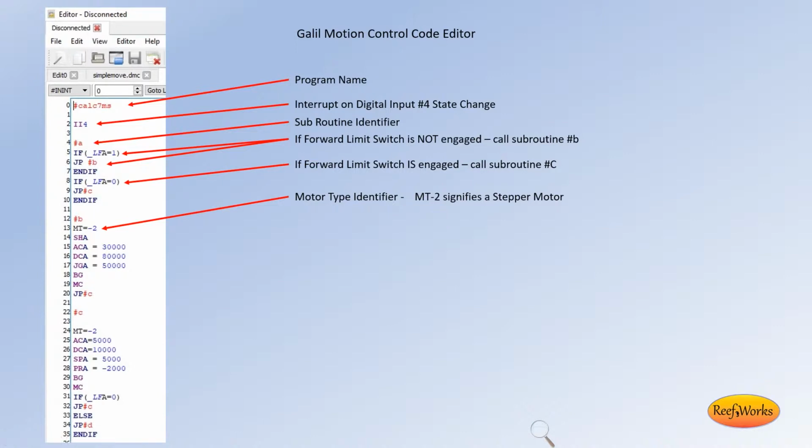Next, as we go into B, we're actually going to create motion here. The very first thing we have to do is identify the type of motor we're using. And in Galil code, the MT, which is motor type, and -2 signifies a stepper motor. Then we have to turn that motor on, enable the motor.